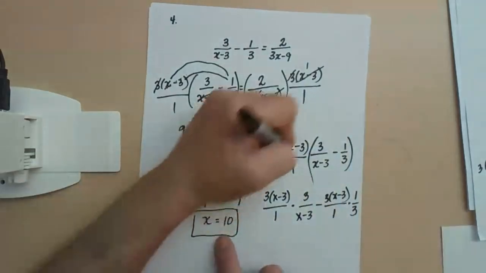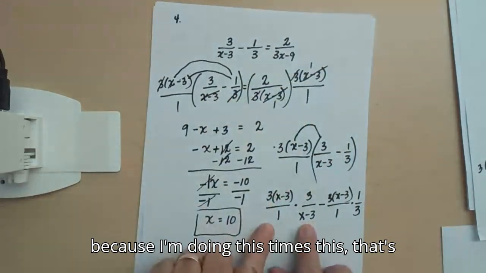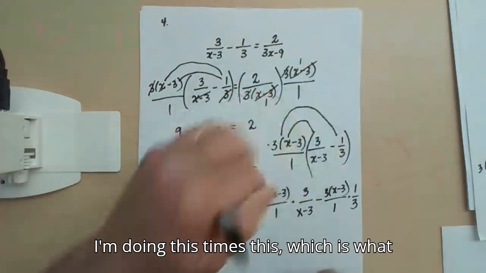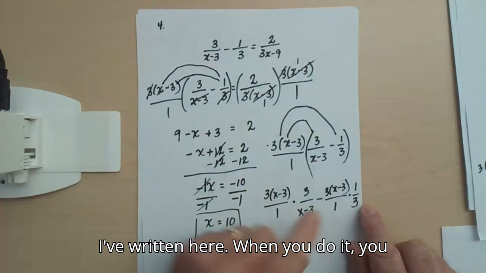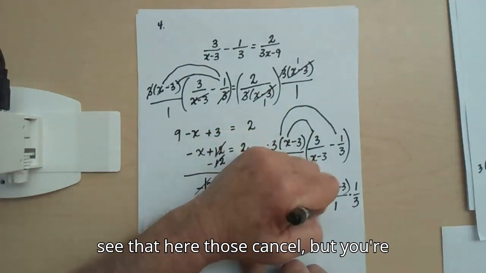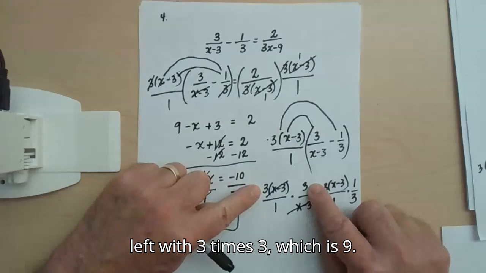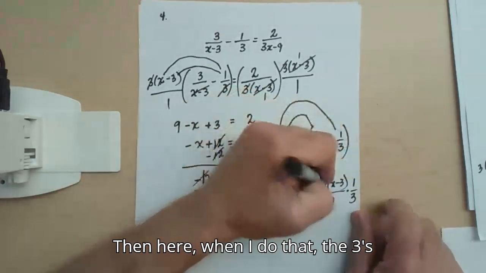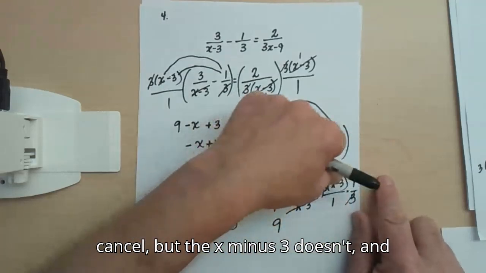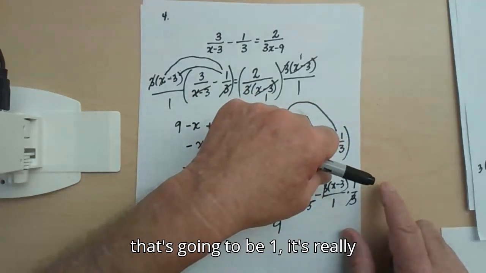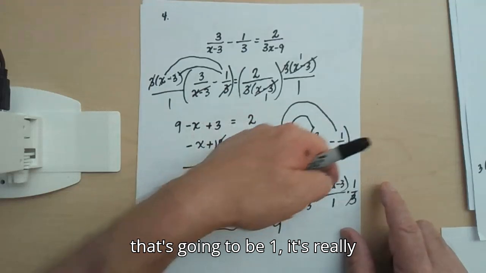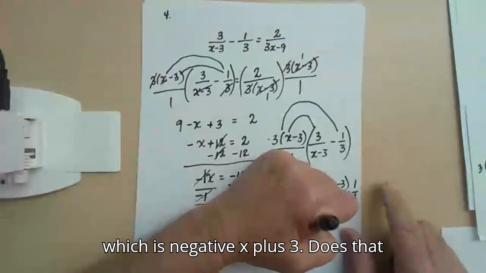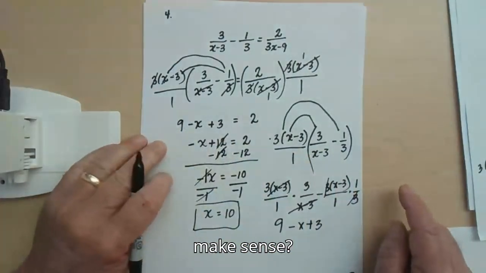Because I'm doing this times this, that's what I've written here, and then I'm doing this times this, which is what I've written here. When you do it, do you see that here those cancel, but you're left with 3 times 3, which is 9. Then here, when I do that, the 3's cancel, but the x minus 3 doesn't, and that's really negative 1 times x minus 3, which is negative x plus 3. Does that make sense?